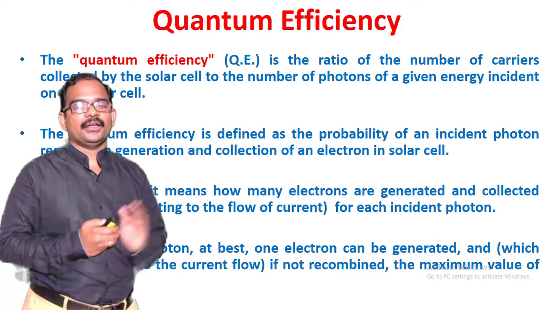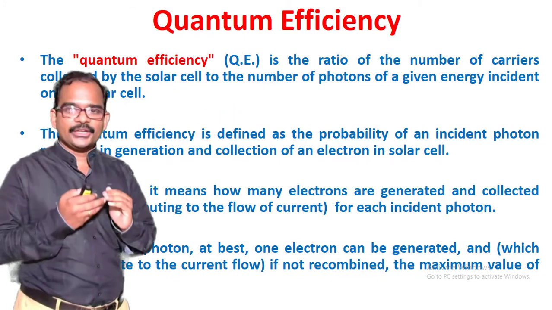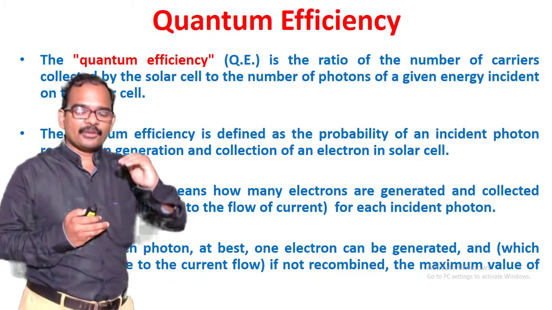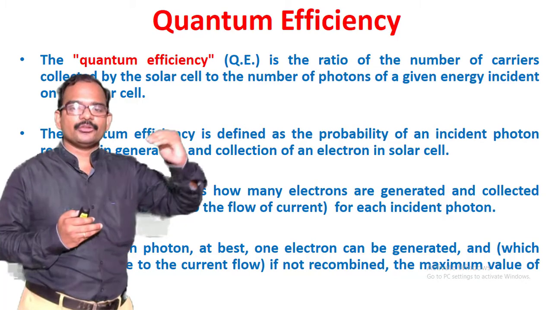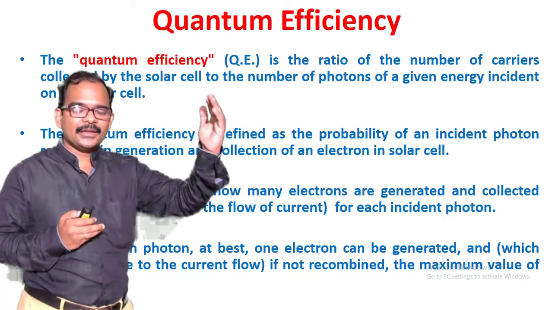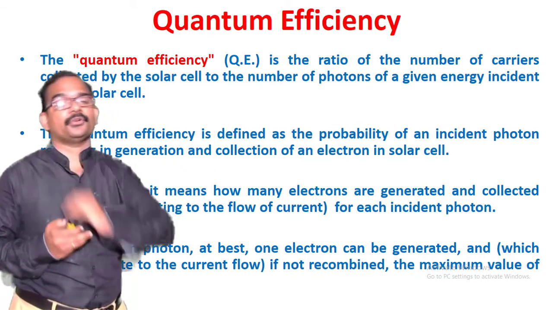Let's take an example. If 10 photons are incident on a solar cell, and there are no recombinations taking place in the solar cell, then what happens? From these 10 photons, 10 electrons will be generated, and thereby the quantum efficiency will be 10 electrons by 10 photons, which is equivalent to 1 or 100%.